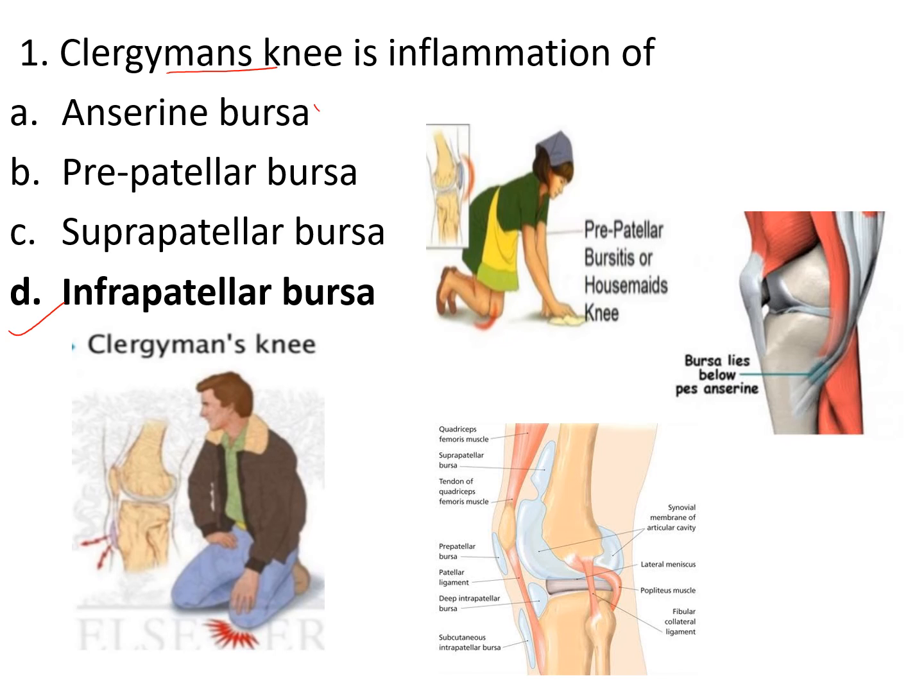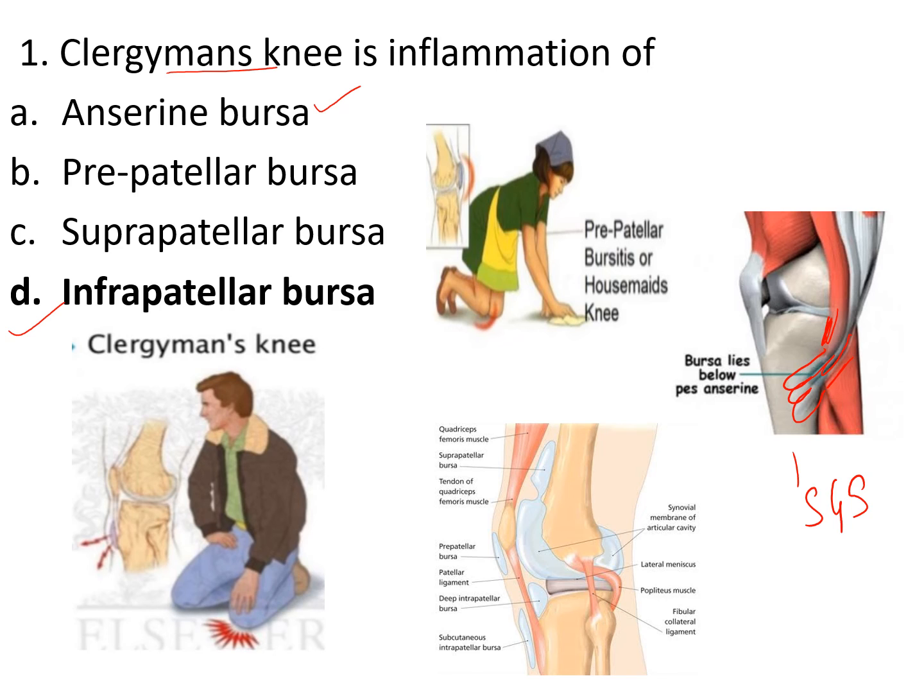Now what is this anserine bursa? You can see here the insertion of sartorius, gracilis and semitendinosus onto the upper medial surface of the tibia. The tendons of sartorius, gracilis and semitendinosus are attached to the upper medial aspect of the tibia.